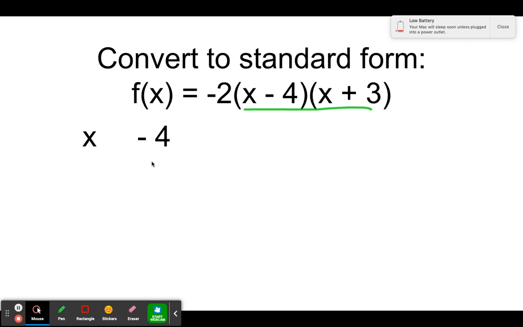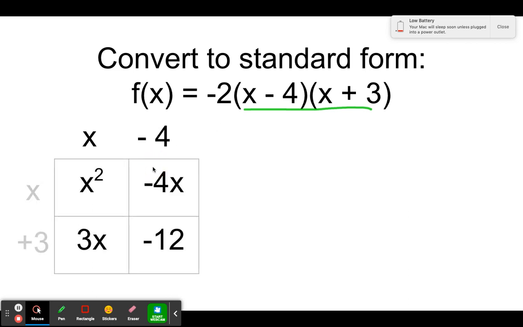So x minus 4 on one side, x plus 3 on the other side, and then you're just multiplying them together. x times x is x squared, x times negative 4 is negative 4x, x times 3 is 3x, and negative 3 times negative 4 is negative 12.